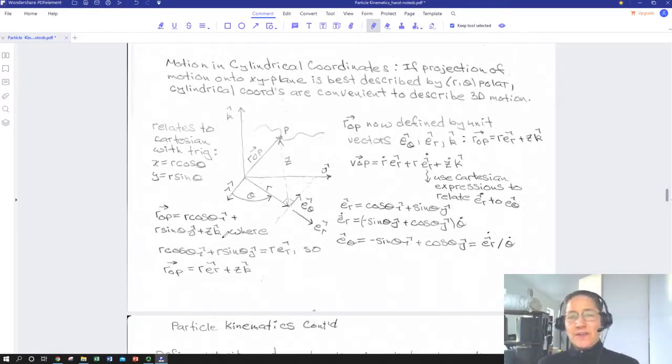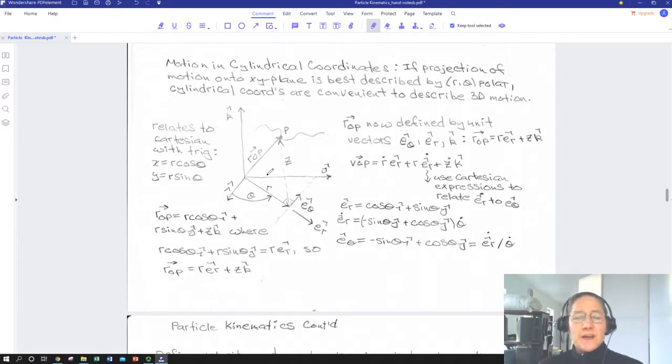So r, theta, z. So now we have new unit vectors. Instead of i hat, j hat, k hat, we have e_r hat, e_theta hat, and k hat. So we're using the e's as a denotation of a unit vector in whatever coordinate system.